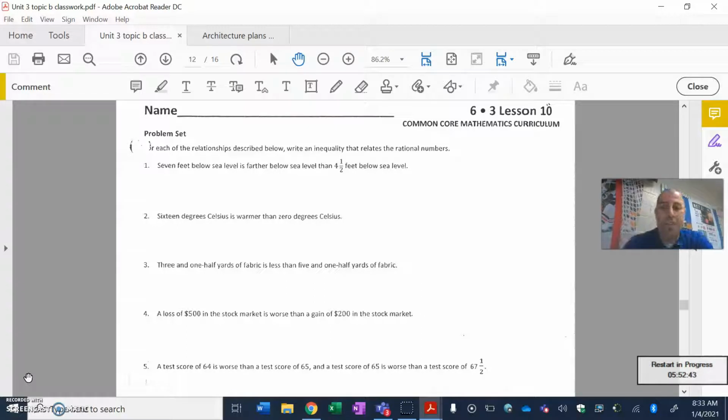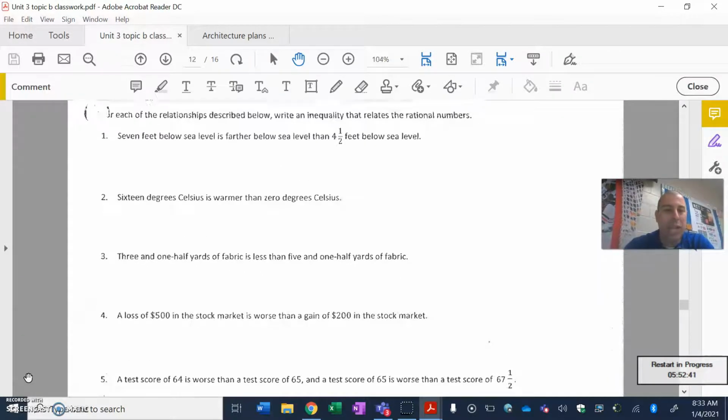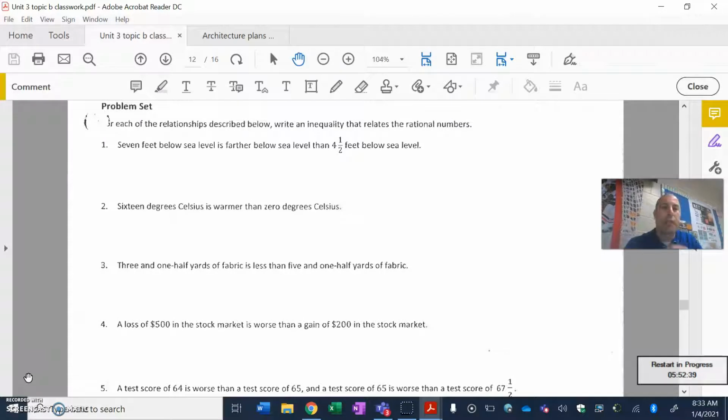So if we look at what they're asking us to do, it says for each of the relationships described below, write an inequality that relates to rational numbers. Now remember, inequalities: less than, greater than, less than or equal to, greater than or equal to, any of those guys.